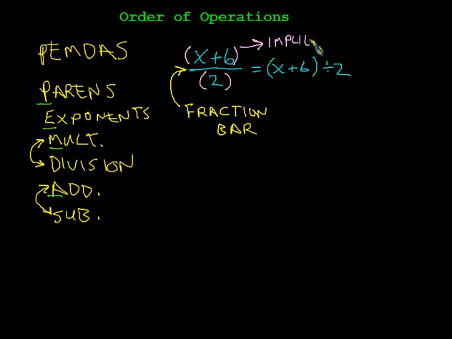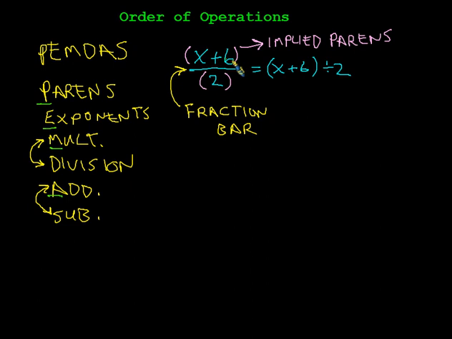And so we will always treat the top of a fraction bar as though it's in parentheses, and we will always treat the bottom as though it's in parentheses as well. So some extra good tips for you there.